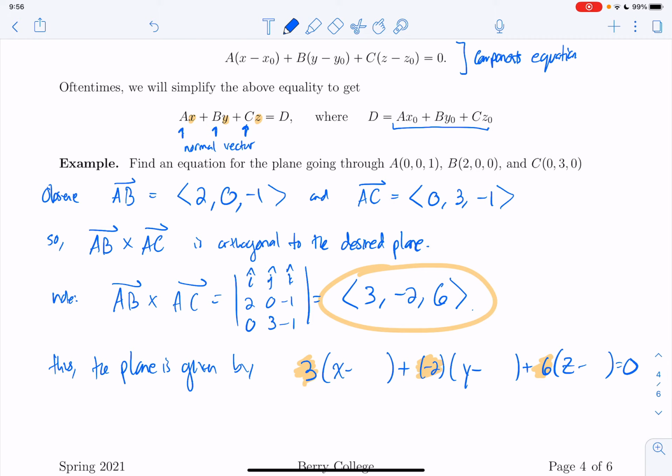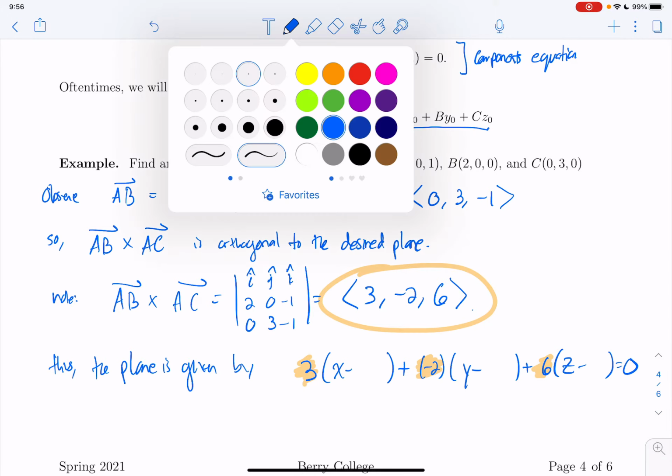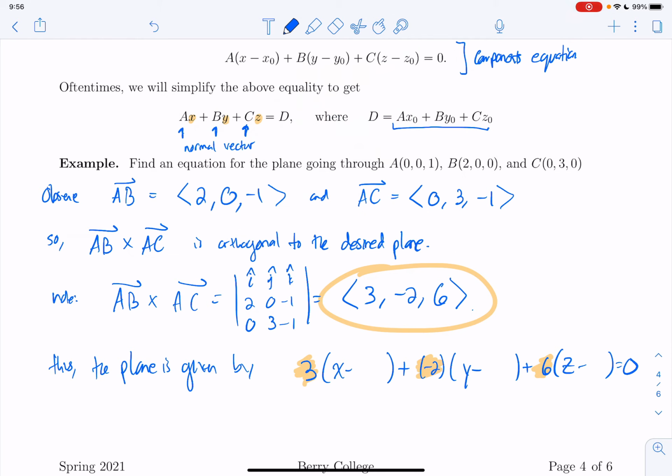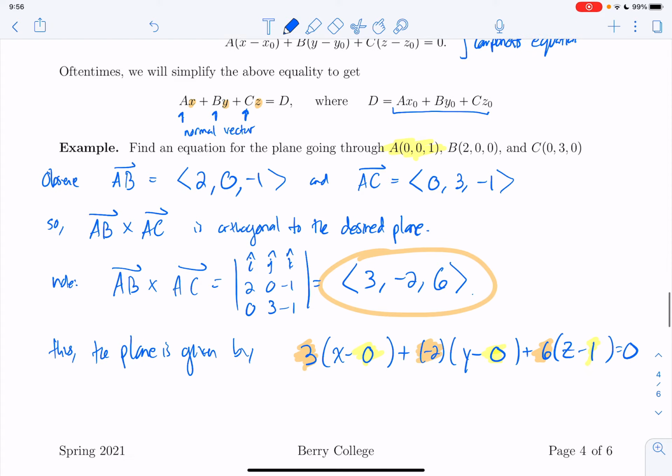And then we'll take any one of these 3 points. Say, let's go with A. It might be the easiest. So we'll put 0, 0, 1. And of course, you're welcome to simplify this if you'd like.